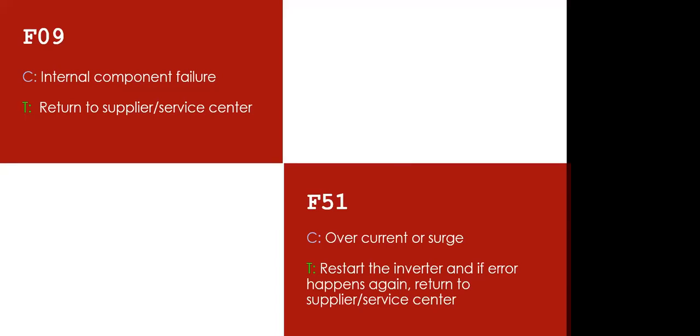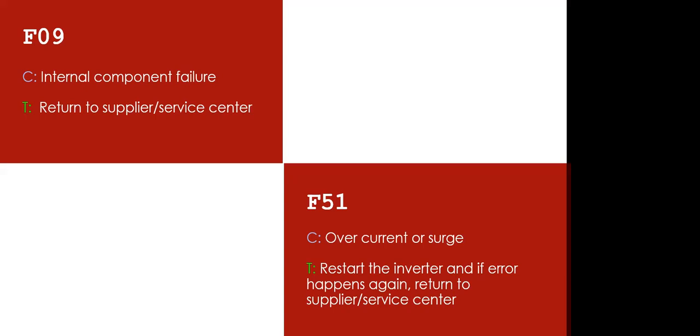But this F51 is common on the solar side of the inverter. This is because either our design is above the specification or there is component failure on that aspect. F51 is majorly common to the solar section of the inverter.